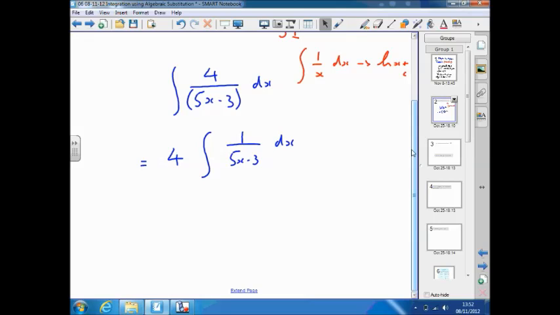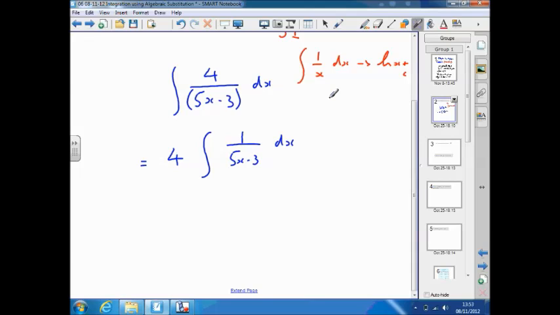So that's the first thing we can do. We can take the 4 outside, the constant, which is always possible if there's a number there. Now, we ask ourselves the question, how am I going to get this to look like that standard integral? What am I going to let u equal? Right, if I let u equal 5x minus 3, it suddenly looks like it becomes 1 over u.